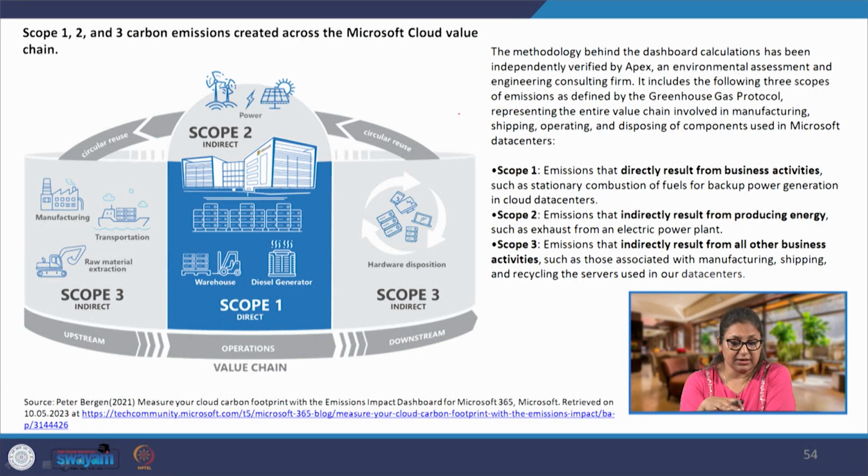A similar thing is done here for Microsoft Cloud. Now, here as we would see scope 2 indirect, again we can see power. Now, scope 1 direct emissions, now here you can clearly see the data centers.